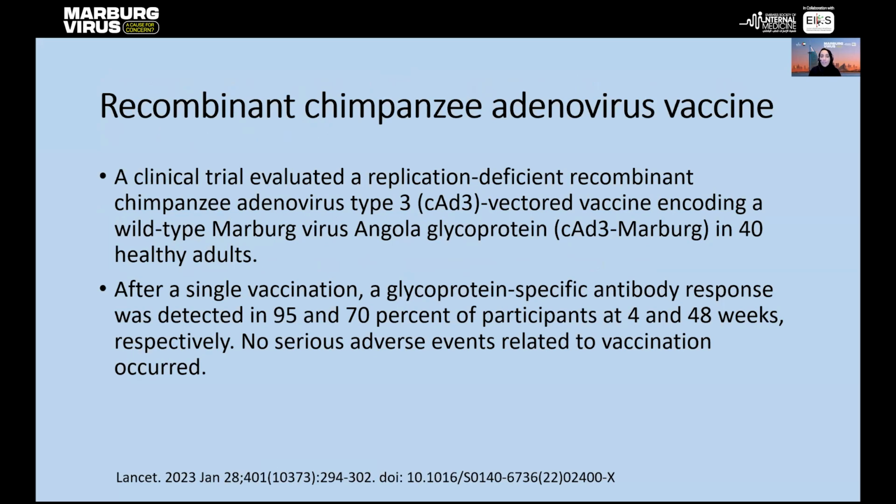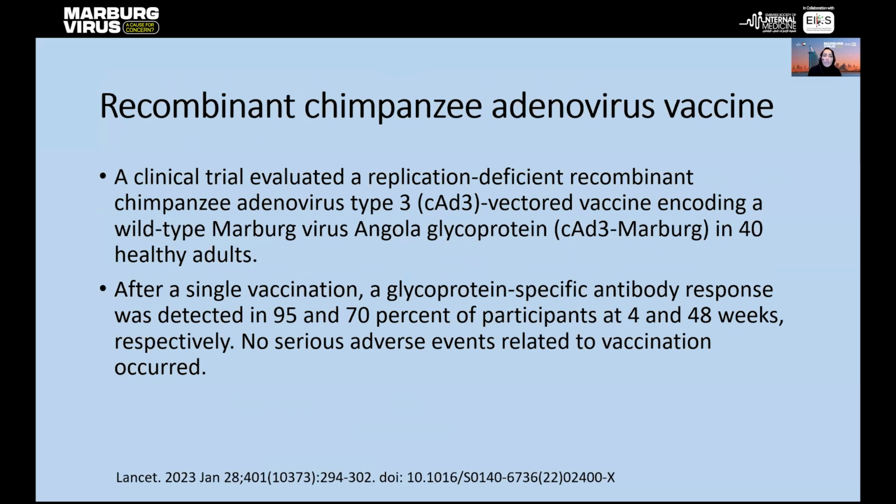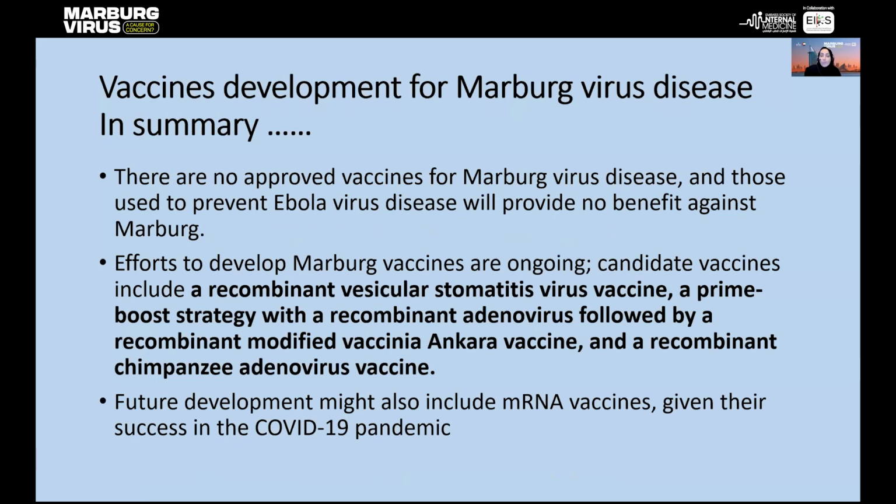After a single vaccination, a glycoprotein-specific response was detected in 95 and 70% of the participants at 4 and 48 weeks respectively, and no serious adverse events were observed. The last one, I think, was done in the US. So there are a few clinical trials, but most of the trials so far are preclinical, and hopefully soon we will see a larger study like phase 2 or phase 3, especially with the current outbreak.